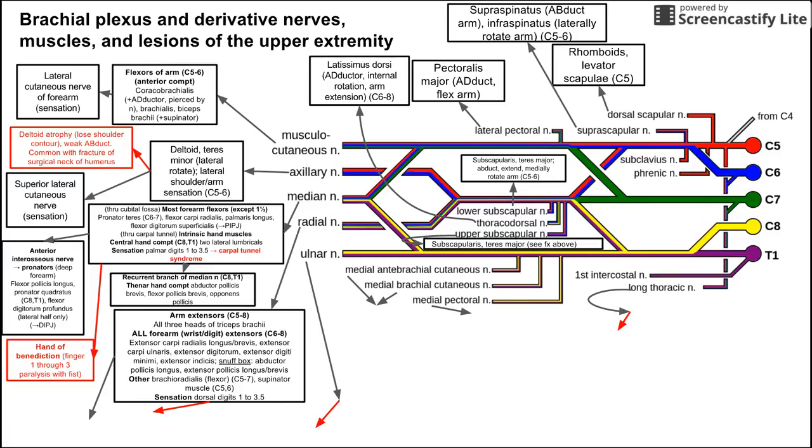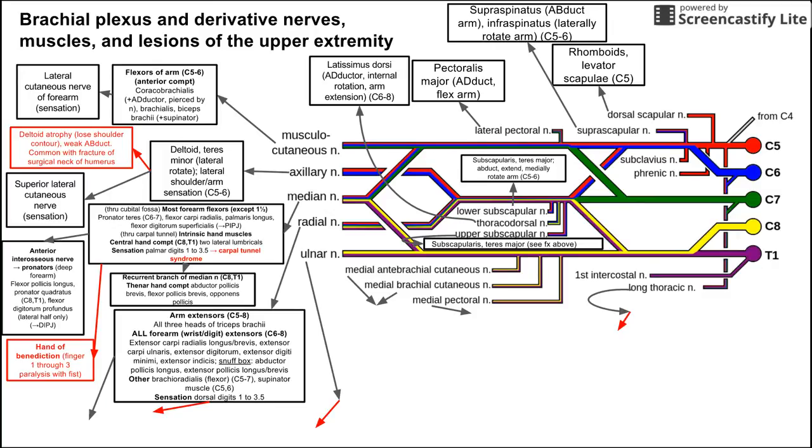So muscles are the extensor carpi radialis longus, the extensor carpi radialis brevis, the extensor carpi ulnaris, the extensor digitorum, the extensor digiti minimi, the extensor indicis, and three muscles that make up what's called the anatomical snuff box, which is that small triangle of fibers that you could see right next to your thumb.